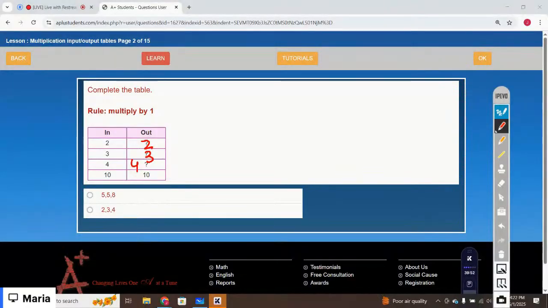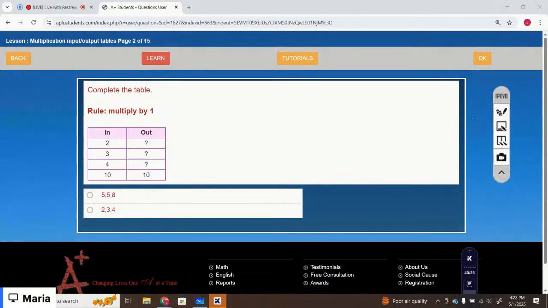So the correct option is 2, 3, and 4. Option number 2 is the correct option.